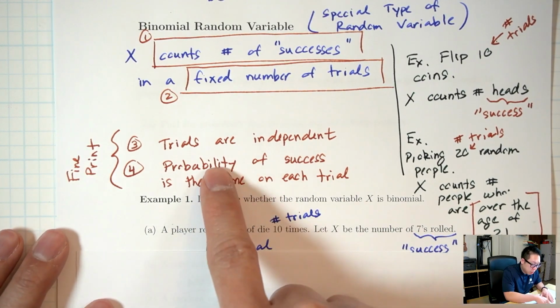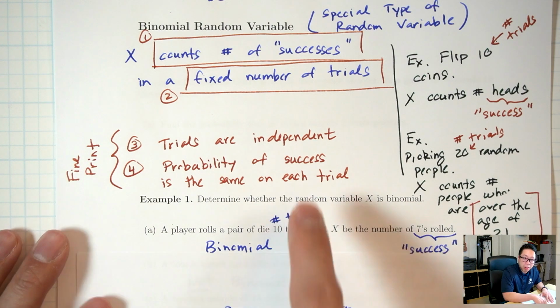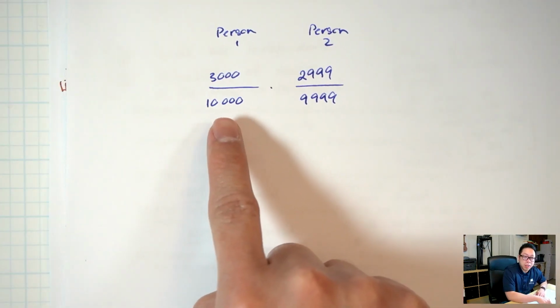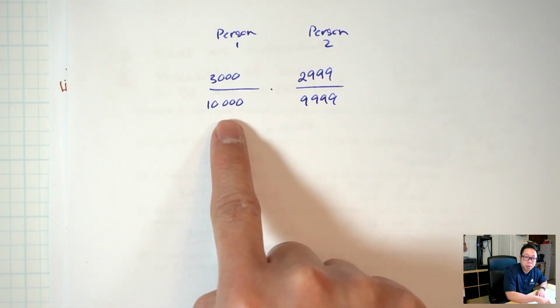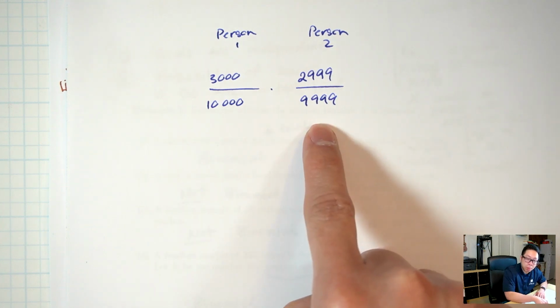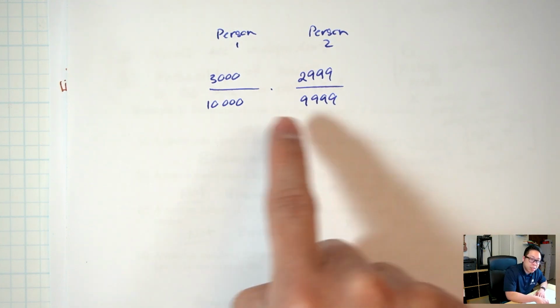And technically the probability of success is not the same on each trial. This is the probability that the first person supports the mayor, and this is the probability that the second person supports the mayor. They're not the same.